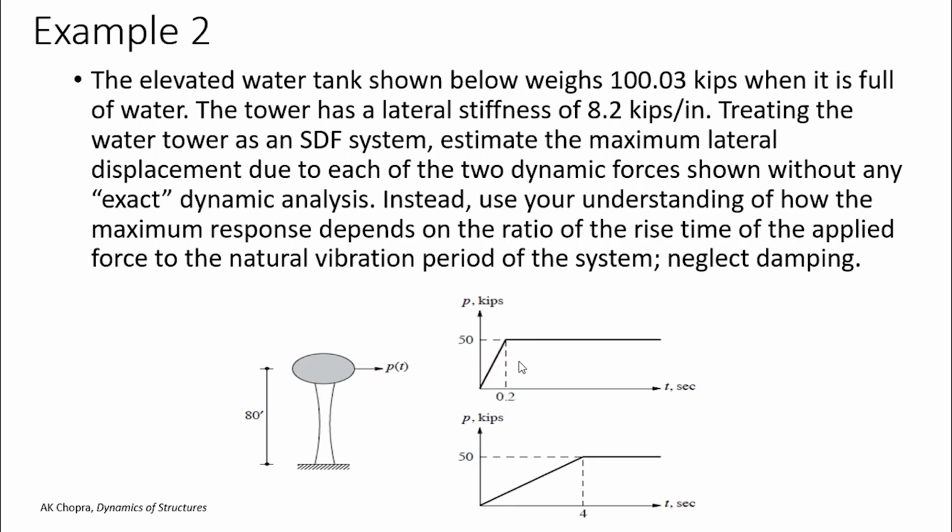So, two forcing functions are given. So, we don't have to do any exact solution, but depending upon the rise time, we need to find an approximate solution based on our understanding of how the maximum response depends on the ratio of the rise time to the natural period. So let's find this out.